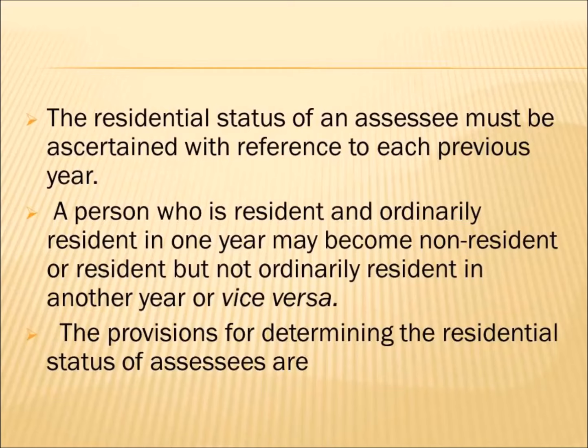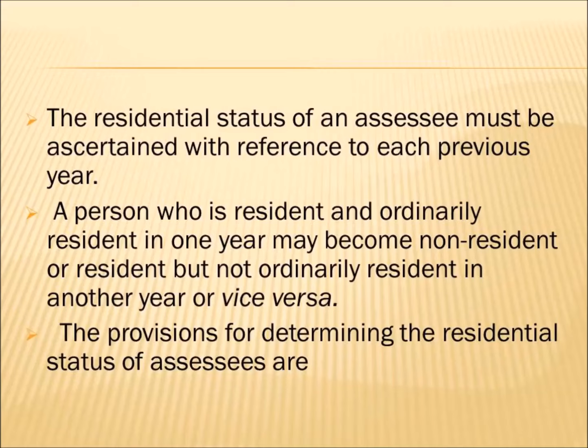Before going through the conditions which need to be satisfied by an assessee to fall under the category of resident and ordinarily resident, let us first go through one point which we need to keep in mind before determining the residential status of any assessee. That point is that the residential status of any assessee must be ascertained with reference to each previous year.